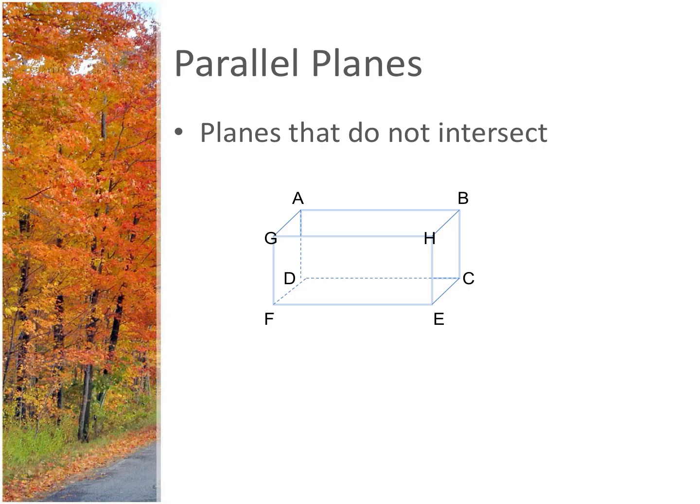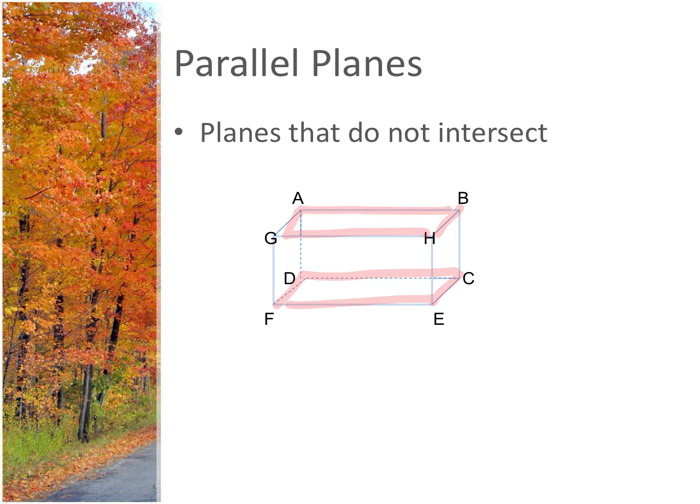All right, so when I refer to parallel planes, these are planes that do not intersect. In this particular picture, it looks like a rectangular prism. I could show that the top of my prism, this plane here, ABHG, is parallel to the bottom portion.